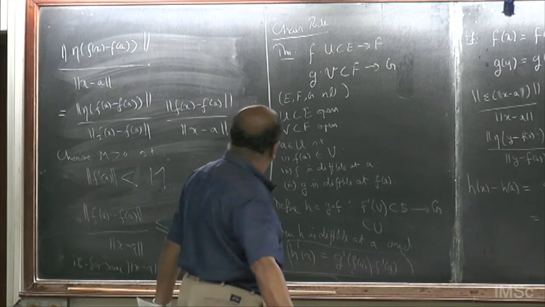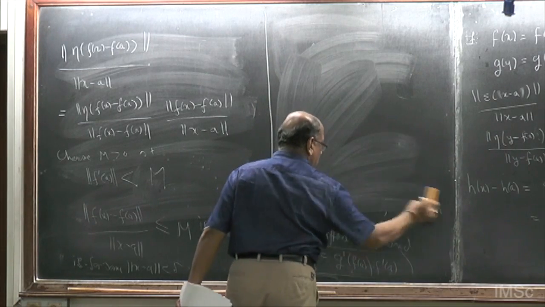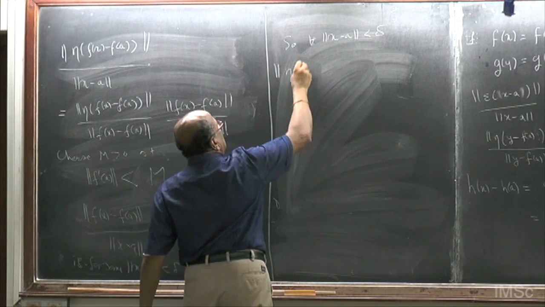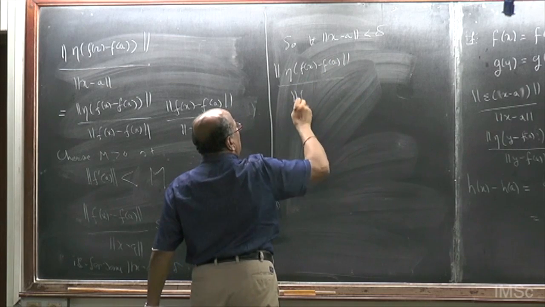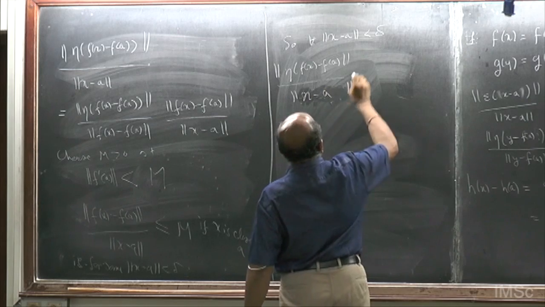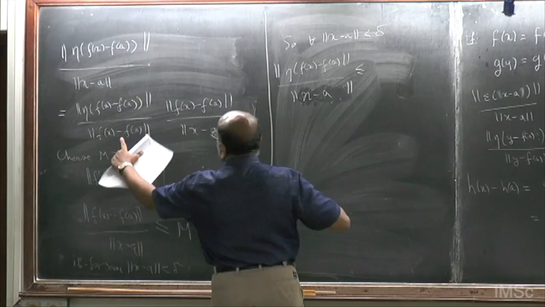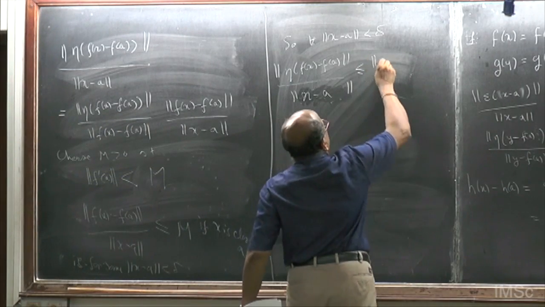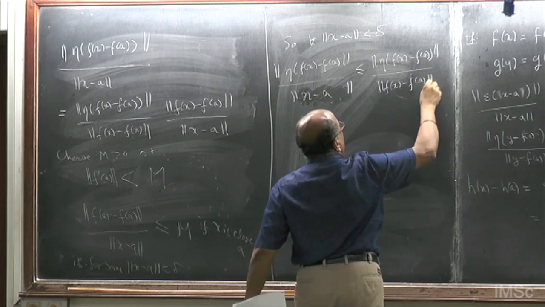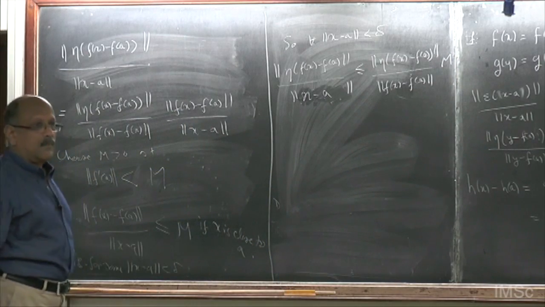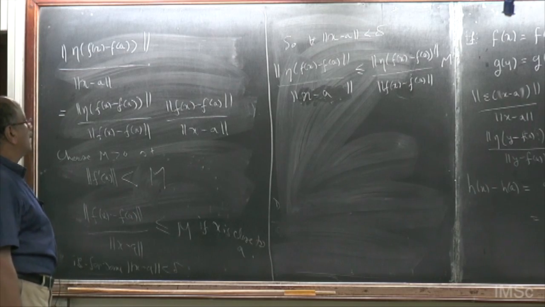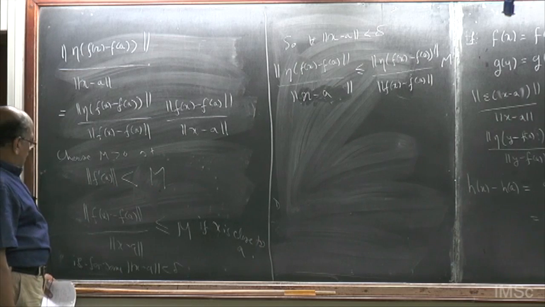So, if you have that, for all norm x minus a less than delta, norm of eta of f of x minus f of a by norm of x minus a is less than or equal to norm of eta of f of x minus f of a by norm of f of x minus f of a into M. What does this also tell you?